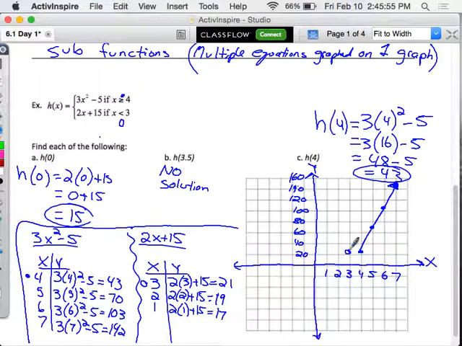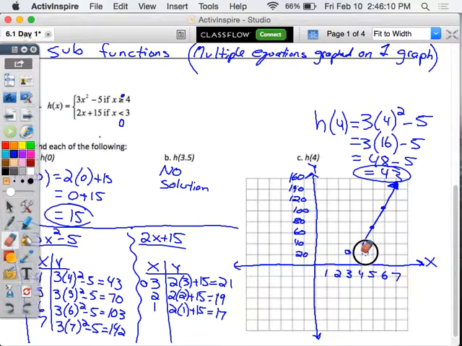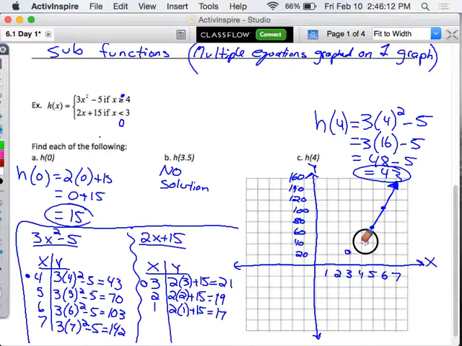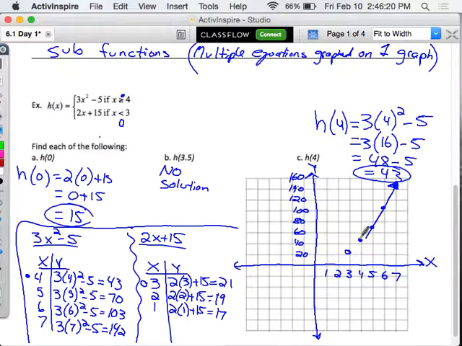I made a mistake earlier. 4, 43 is not where that is. 4, comma 43 is up higher. So 4, comma 43 is about right here. Closed circle, and it swoops up a little bit. Okay, that's better. 3, comma 21.